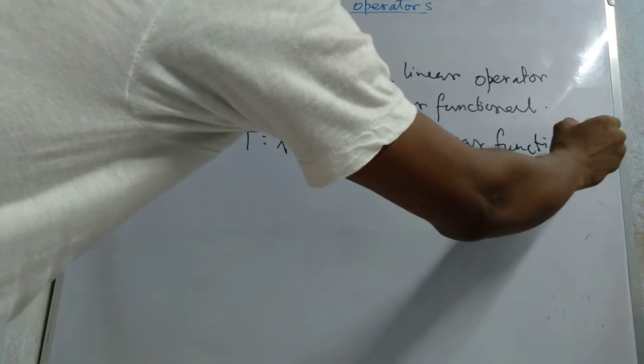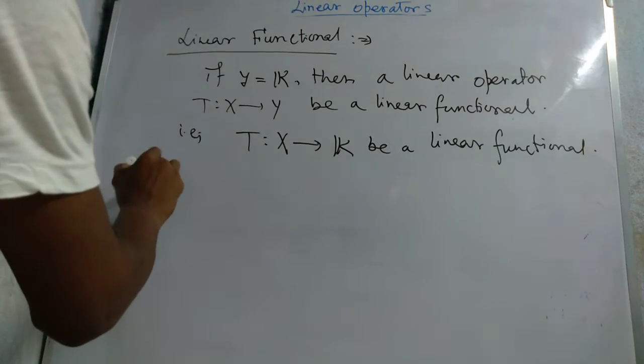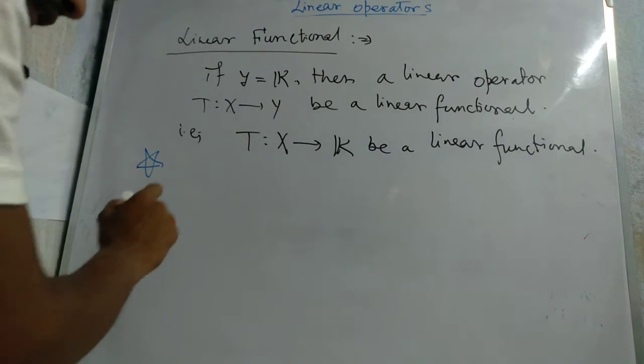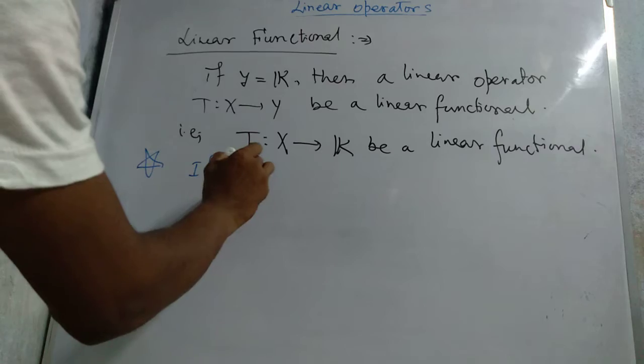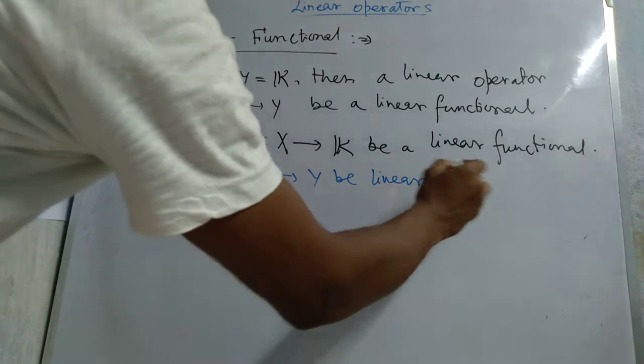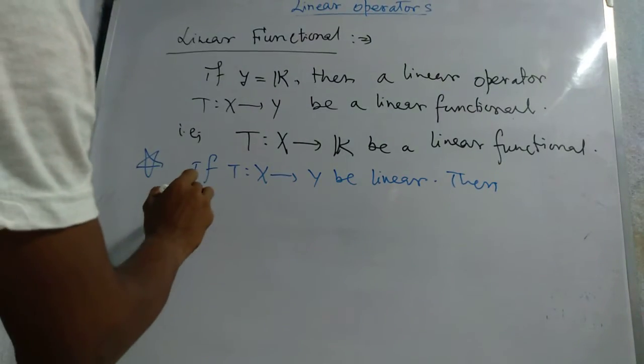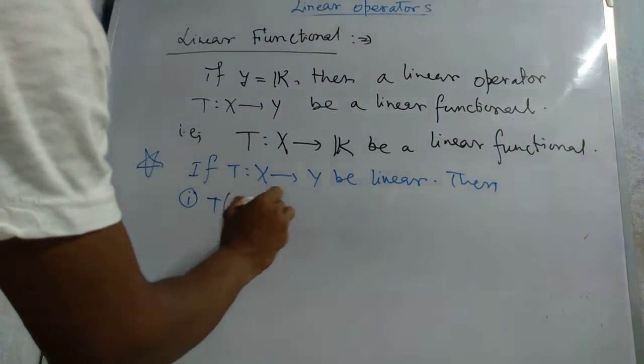Next we discuss some observations, that means some properties. If T from X to Y is linear, then some properties hold. First, T of 0 equals 0.